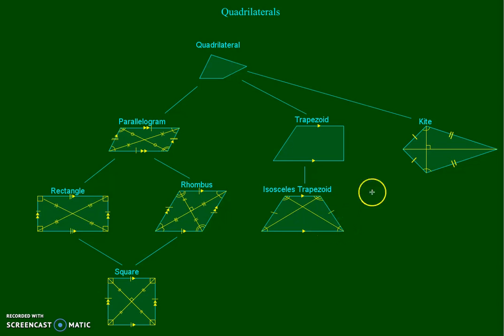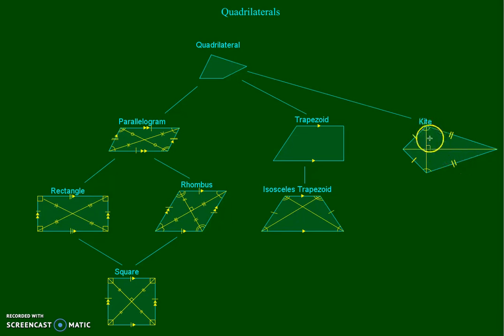Then we moved over to kites. A kite is a quadrilateral with 2 pairs of consecutive congruent sides. So these 2 sides are congruent and these 2 sides are congruent. 2 additional properties of kites.